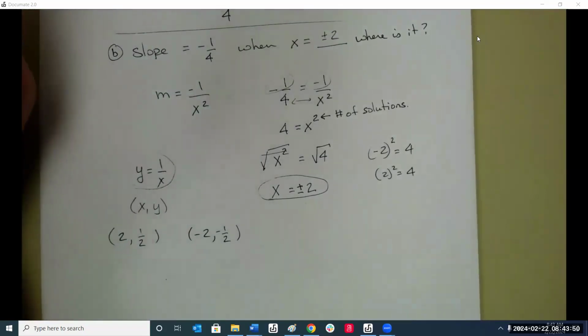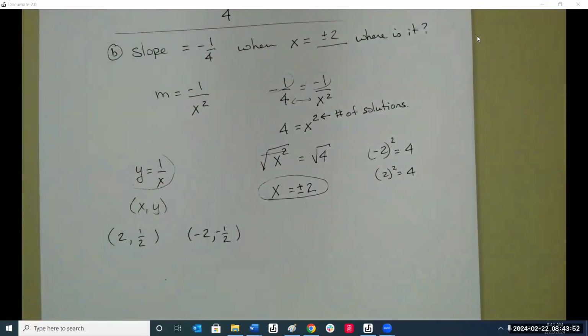Let's see, what's the next one asking for? What happens to the tangent line to the curve at the point a, 1 over a, as a changes? What happens to the curve as a changes?